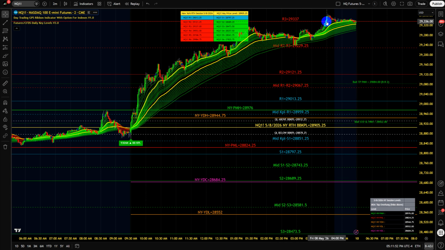Any remaining runners that you had going into this that were regular E-mini contracts now would be, this is about 410 points, so that's basically $8,200. So as you can see, if you have a system where it allows you to still participate after a two-level move in your favor, where you can still participate.